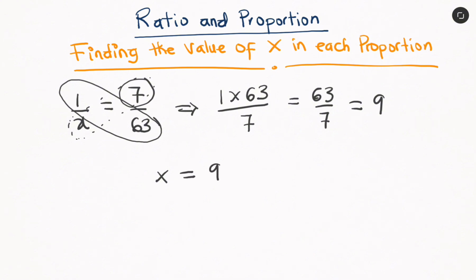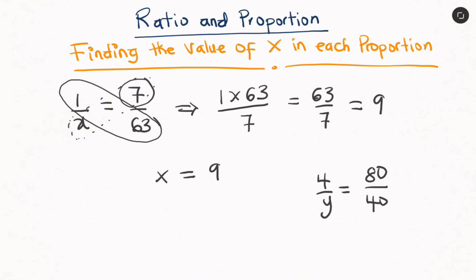Are we okay? So this is how we solve for the value of x in a given proportion. It's very easy. All you have to do is that, let's say we have 4 on y is equal to, let me say 40, and let's say this is 80.